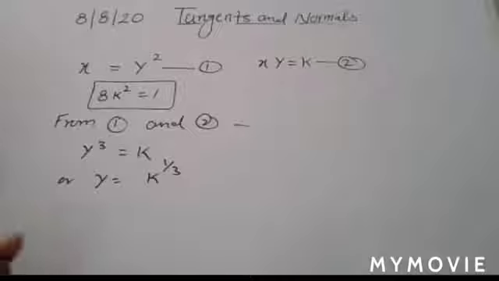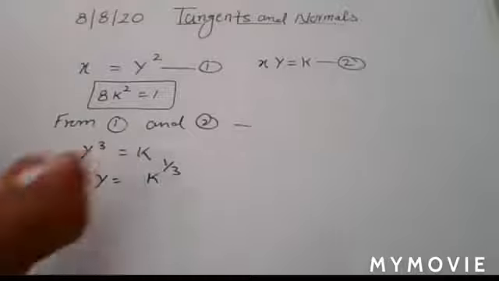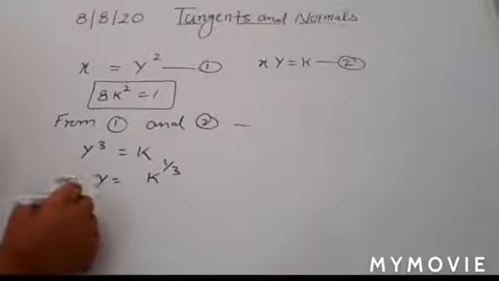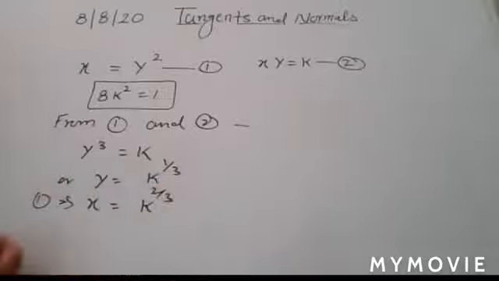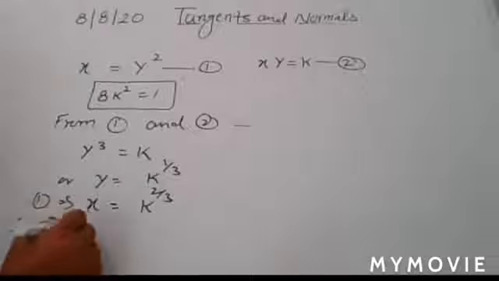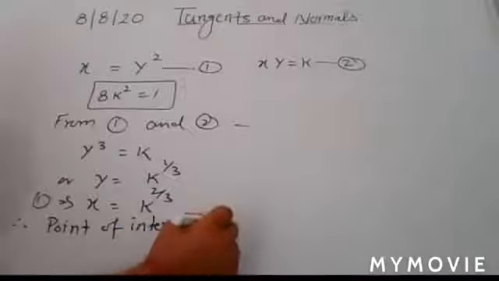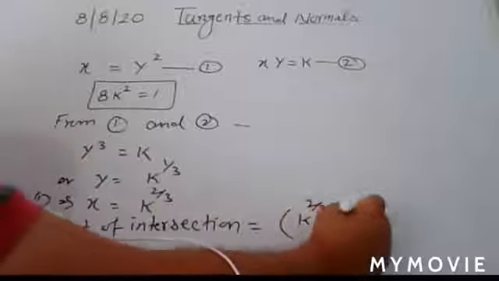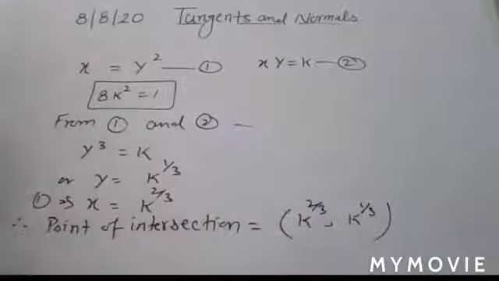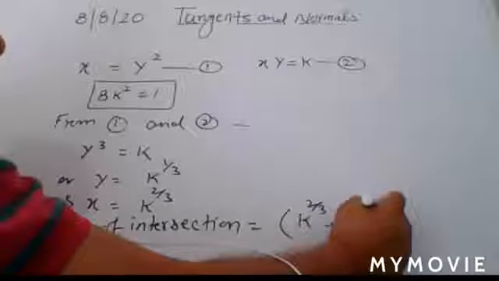Now putting that value in the first equation, x is equal to k to the power 2 by 3. So that gives your point of intersection. So point of intersection is k to the power 2 by 3 and k to the power 1 by 3.